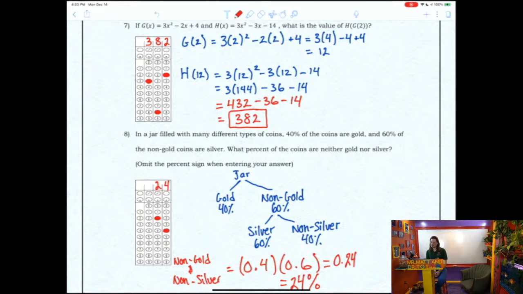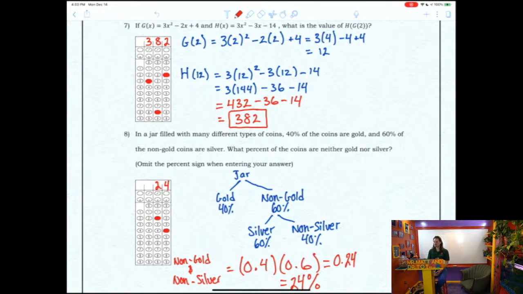So for example, here they say in a jar filled with many types of coins, 40% of the coins are gold. So if I start the tree diagram with the overall jar, and I have one branch that includes all gold coins, and they tell me 40% of them are gold, that means 60%, or 100% minus the 40% that are gold, have to be non-gold.